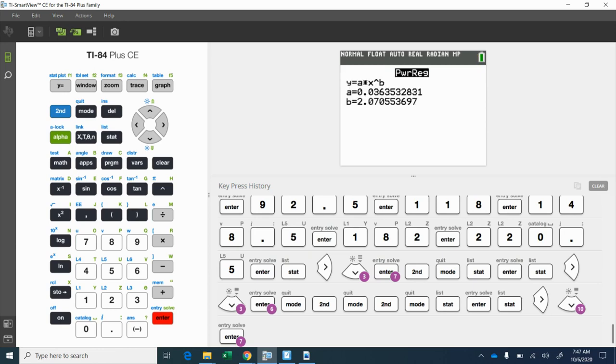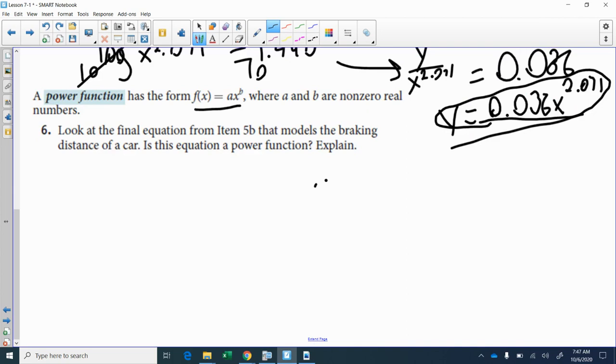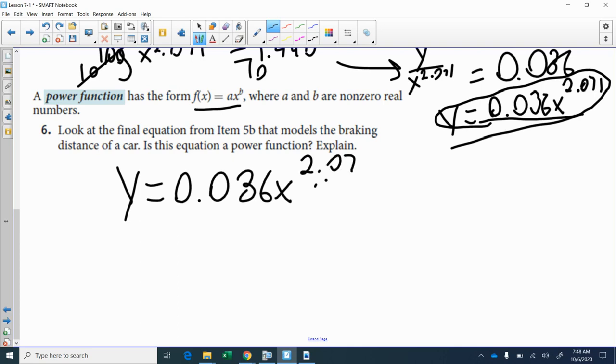My A value is 0.036 and my B value is 2.07. Well, that's awfully close to what we have over here. So just by using the calculator, we were able to get to the point where y equals 0.036x to the exponent of 2.07.